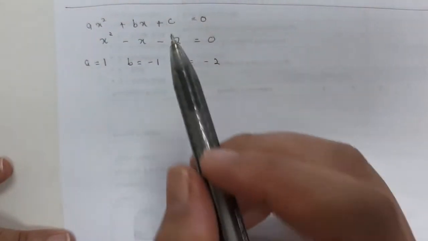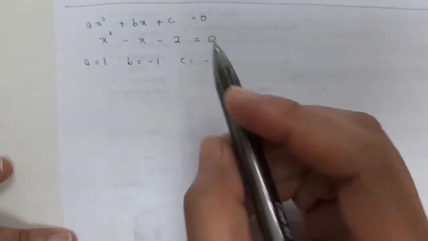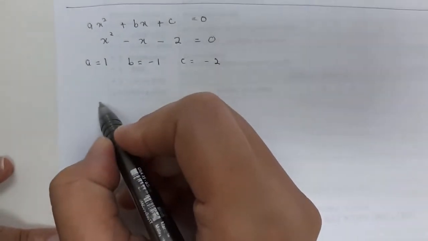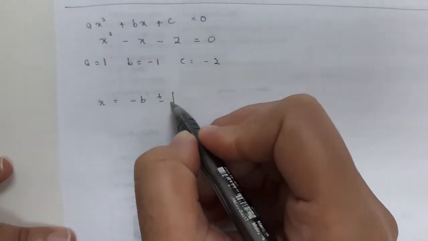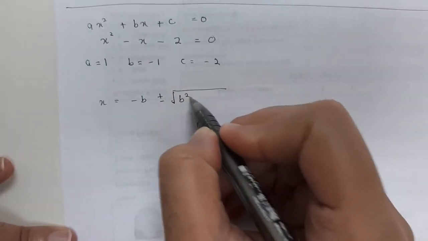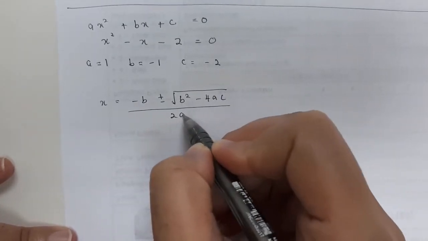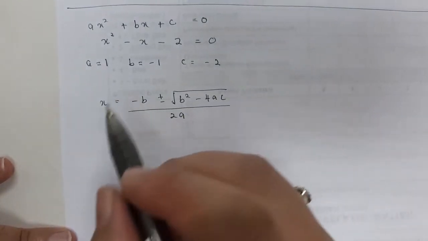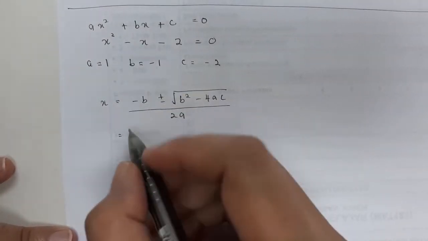So now we can solve this equation by using the quadratic formula. First, write down the formula. x equal negative b plus minus square root b square minus 4ac over 2a. Okay, substitute. Negative b. Our b is negative 1.